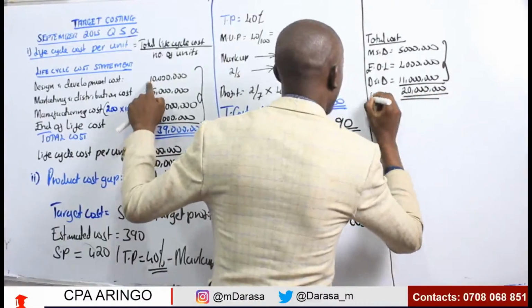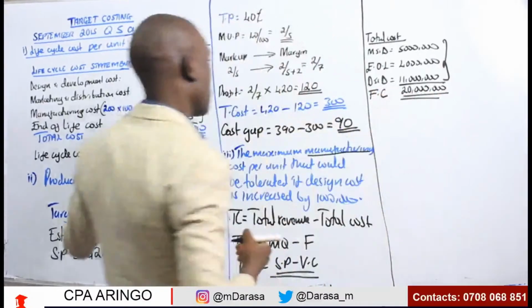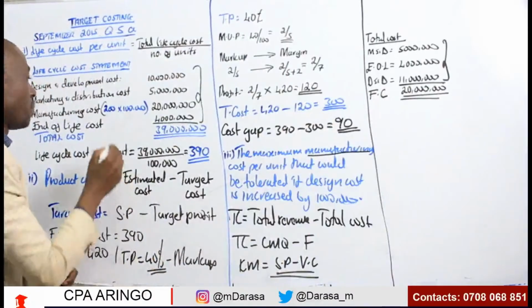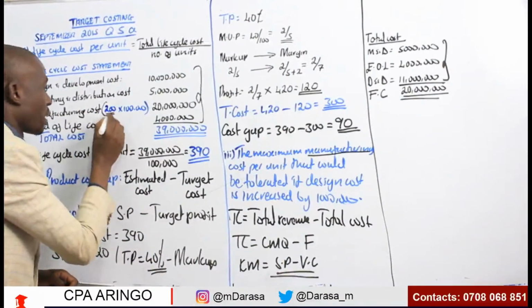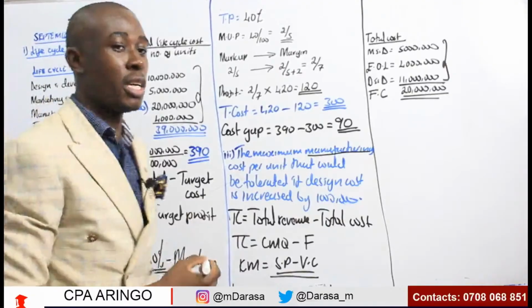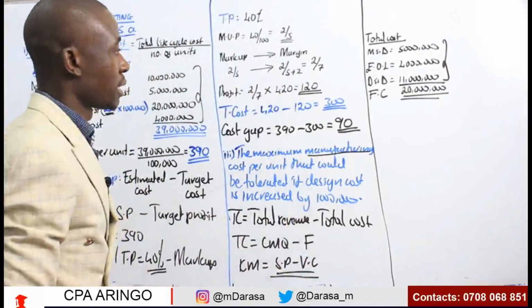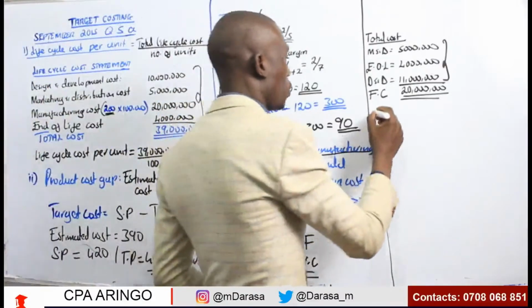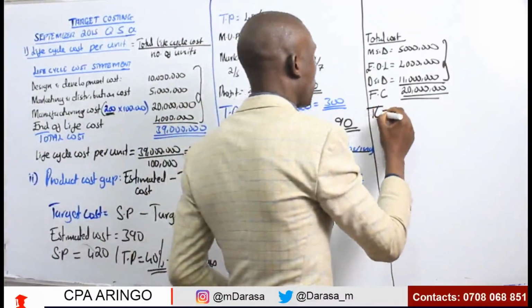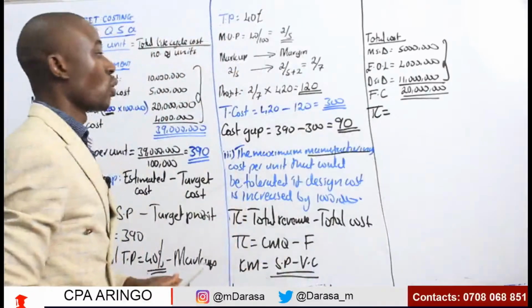So we term this as our fixed costs, because our main aim is to determine the manufacturing cost per unit, which initially was 200. Then, my good students, already we have our profit.